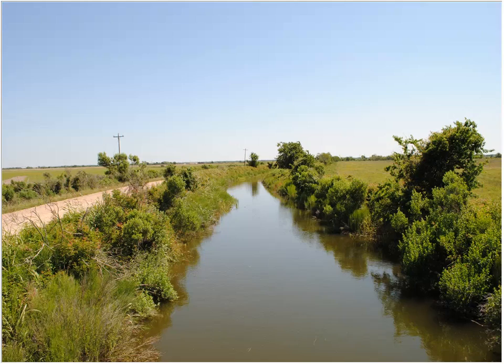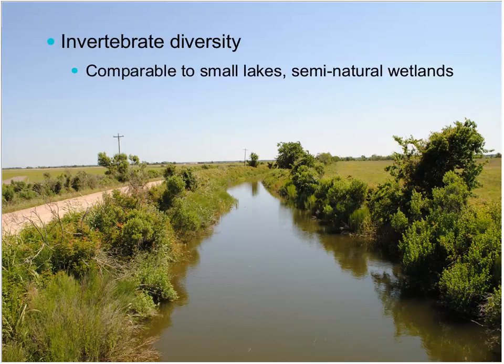This is an irrigation canal, and I think this is in Wharton County. A lot of habitat structure has developed over the years, and in fact, scientists think that the invertebrate diversity in these waters is comparable to the same phenomena in small lakes and semi-natural wetlands.